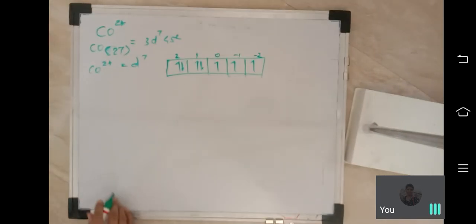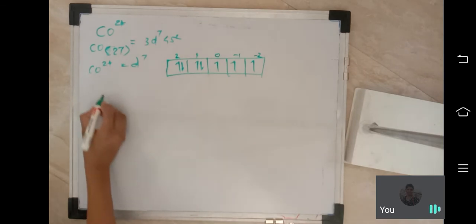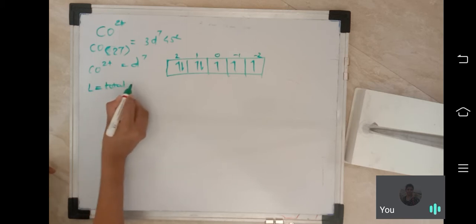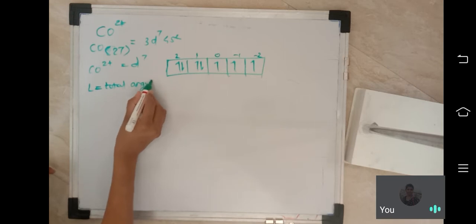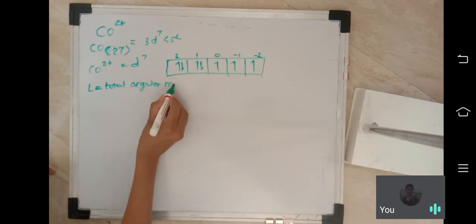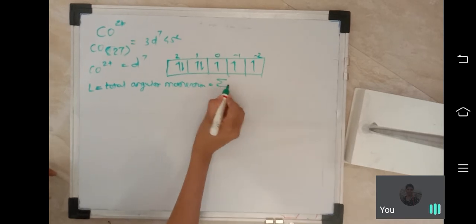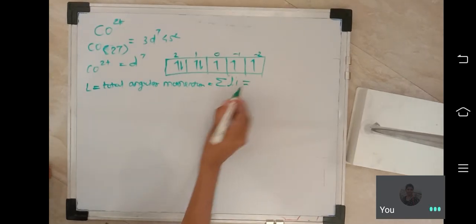Now we find out the values of L and S. L means total angular momentum, and you just write here the summation of Li. What is the summation of Li?